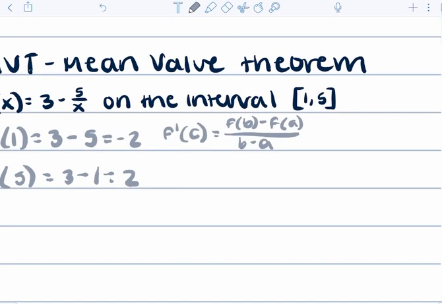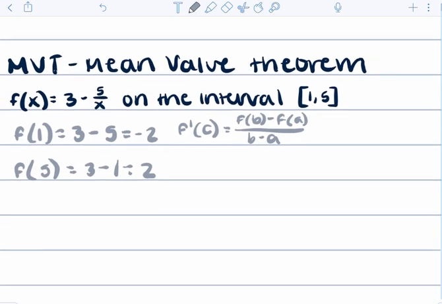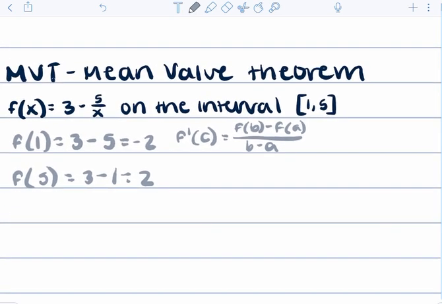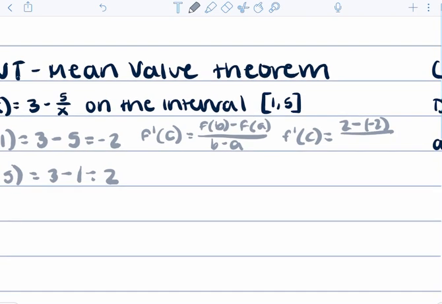That looks like a lot, but really you just need to memorize change of y over change of x, or the slope formula. So we know these, and we can simply plug in: derivative f of c equals 2 minus negative 2 over 5 minus 1, and that's 4 over 4, or 1.